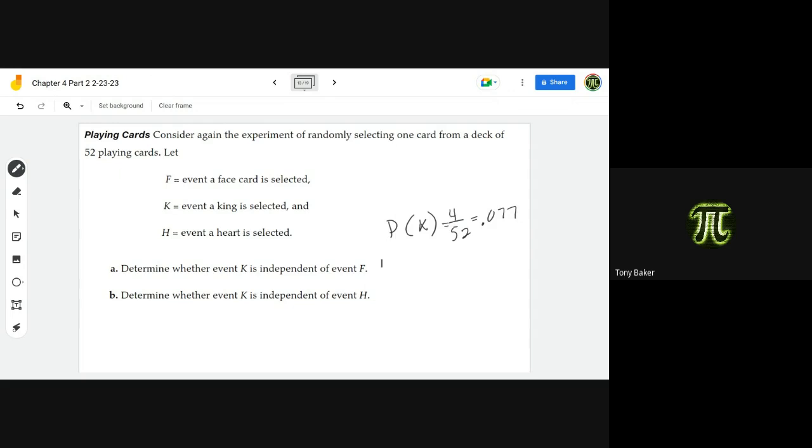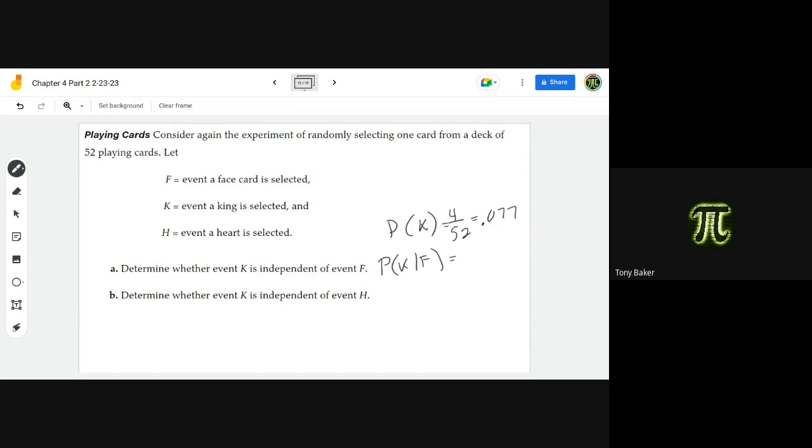So if they're independent, me taking the king given a face card should be the exact same number. What is the probability of me picking a king given that I've chosen a face card? It's 3, or no, it's 4. Yeah, there's 4 kings.